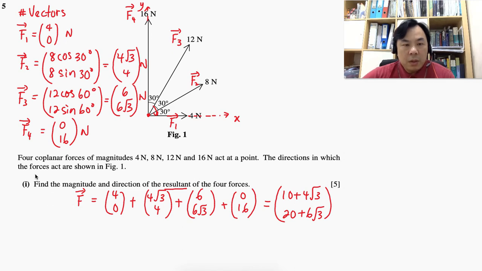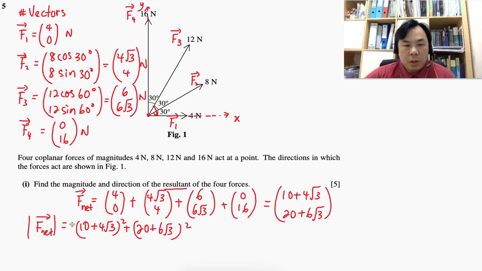I can just write down the resultant force as this. So if you are interested to get the magnitude of the resultant force, that is basically (10 plus 4√3) squared, plus (20 plus 6√3) squared, and then we have to square root this.